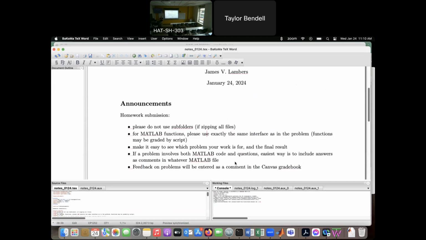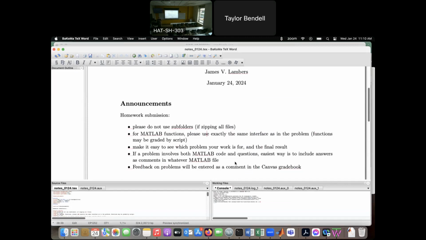Okay, any questions related to homework assignments? Yep. So like turn in the MATLAB, the .m file, or where it lists all of it? Well, I definitely want the M file.